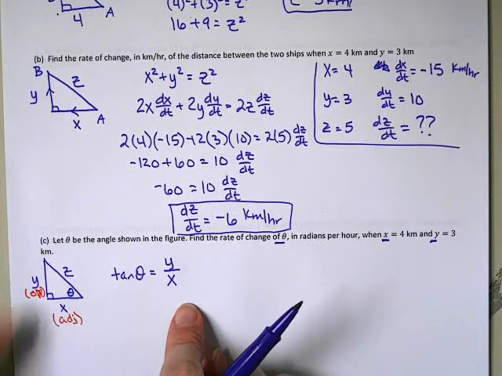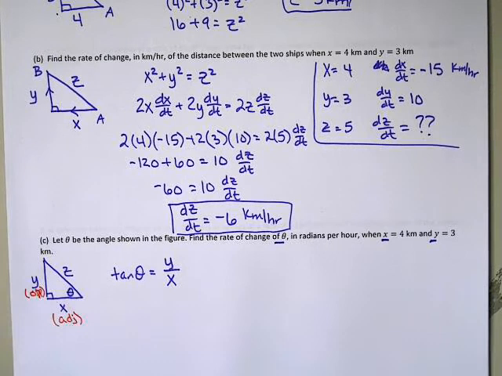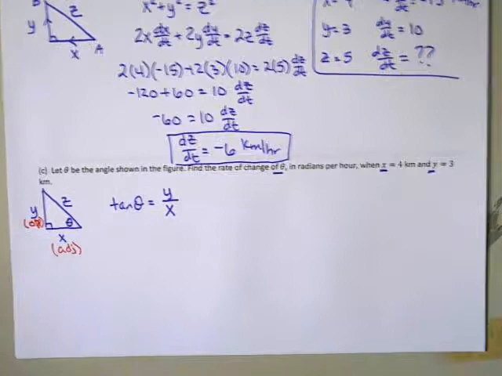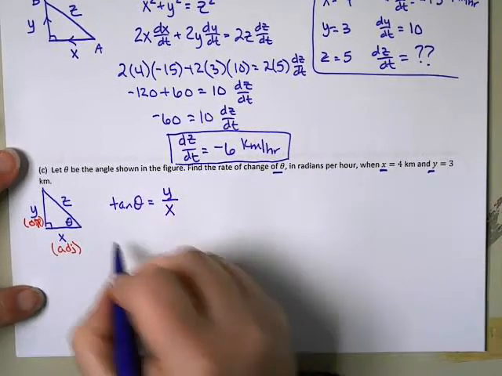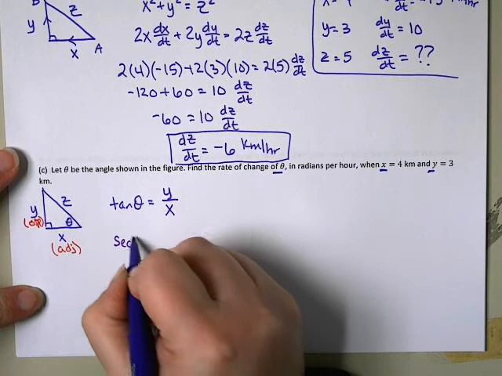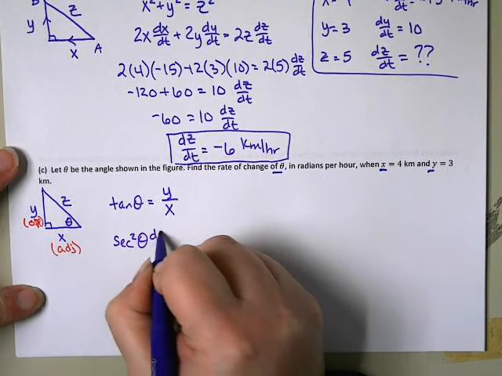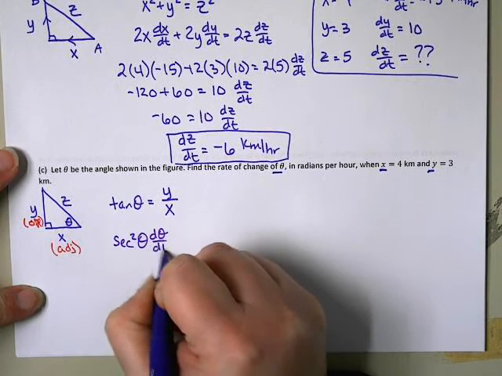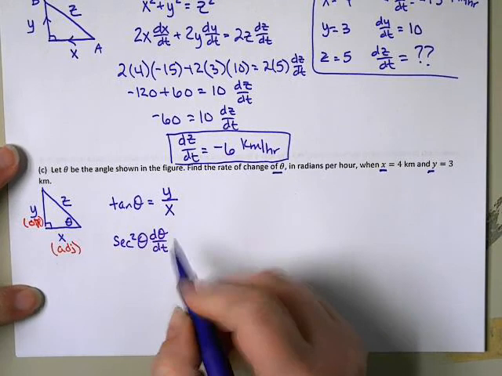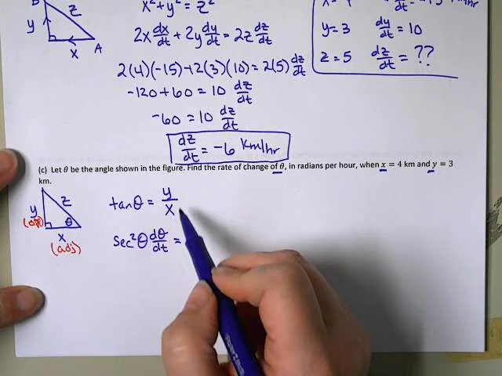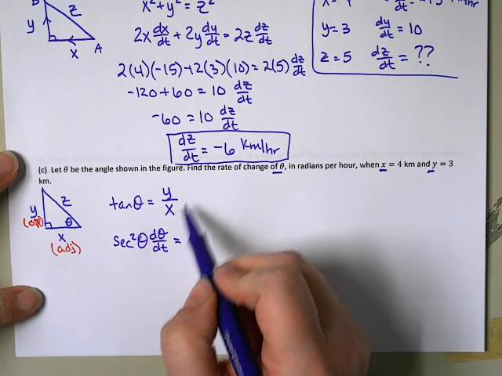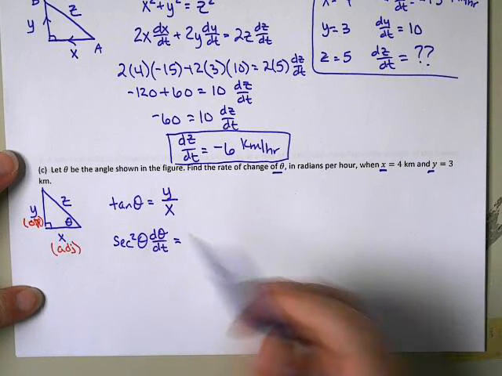So we have our picture, we have our equation, now we're going to take the derivative. So the derivative of tangent of theta is secant squared theta, d theta dt, because we need to remember we're doing implicit differentiation here, equals, now we do need to be careful here because y over x, this means that we're going to have to use some quotient rule.